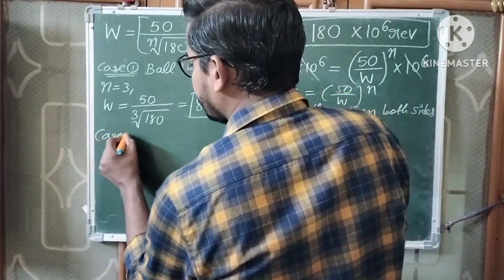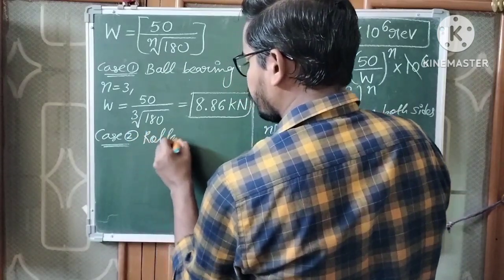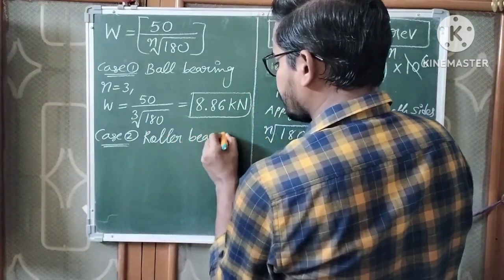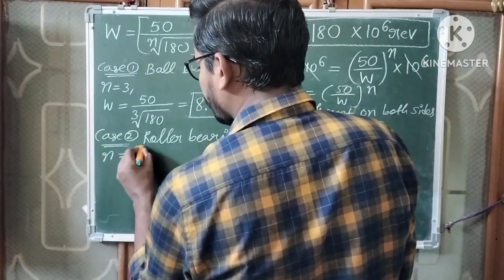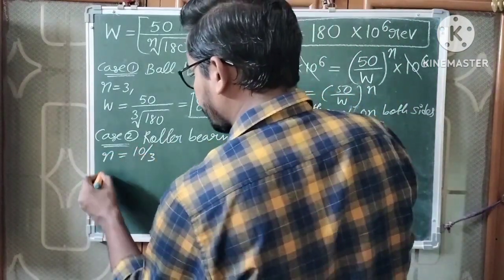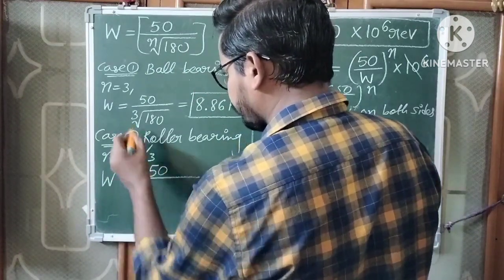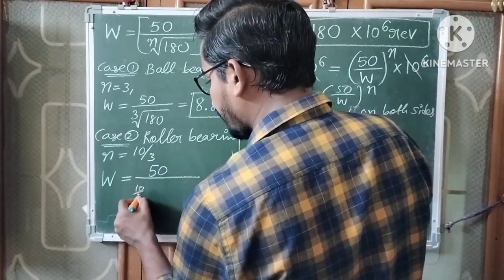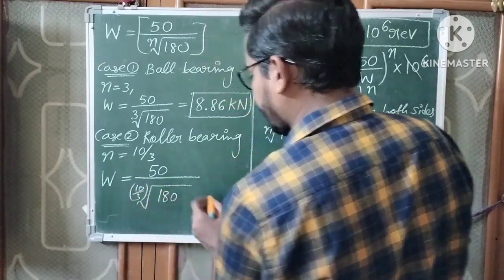Next, let us consider case 2, a roller bearing. Then what is the value of n? The value of n is 10 by 3. Then the equivalent load W is equal to 50 by the (10 by 3) root of 180.